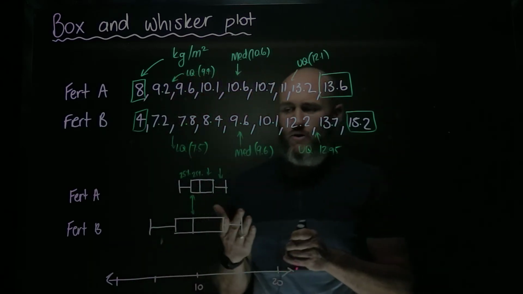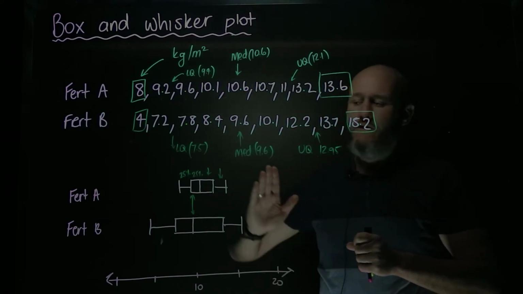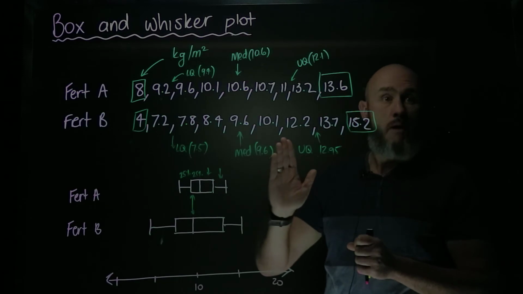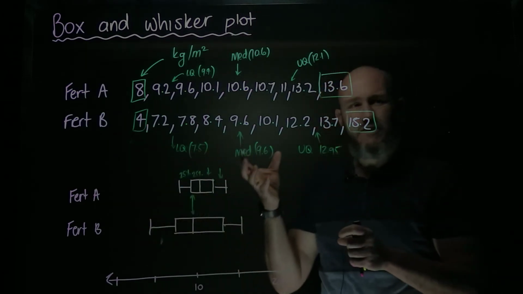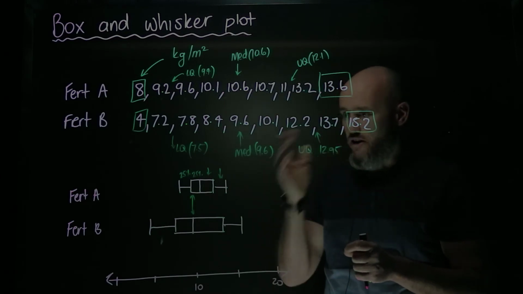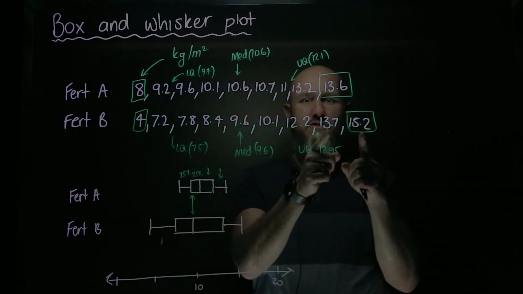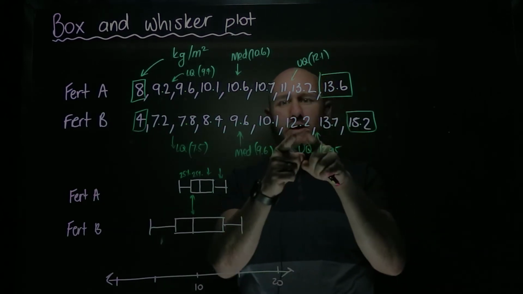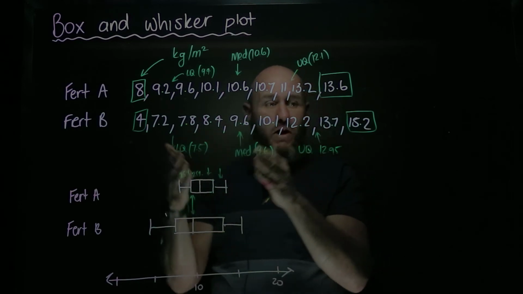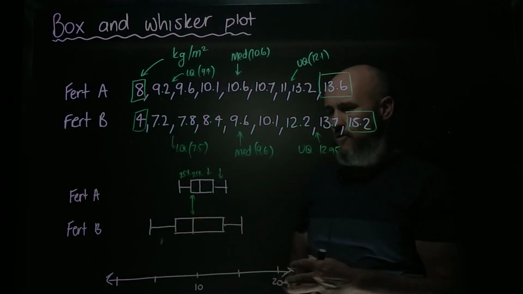So I'm going to make the conclusion that fertilizer A doesn't have the tail at the bottom. It's more consistently at 10 or above, and I can see that by matching, than fertilizer B is. And it's a bit stronger in the upper end. Now it might not look like it up here, but this is just drawn up by these two values. Now this is basically the max, but then it drops off really quickly, and all of a sudden we're below. So it's dragged up, but it drops off really quickly.